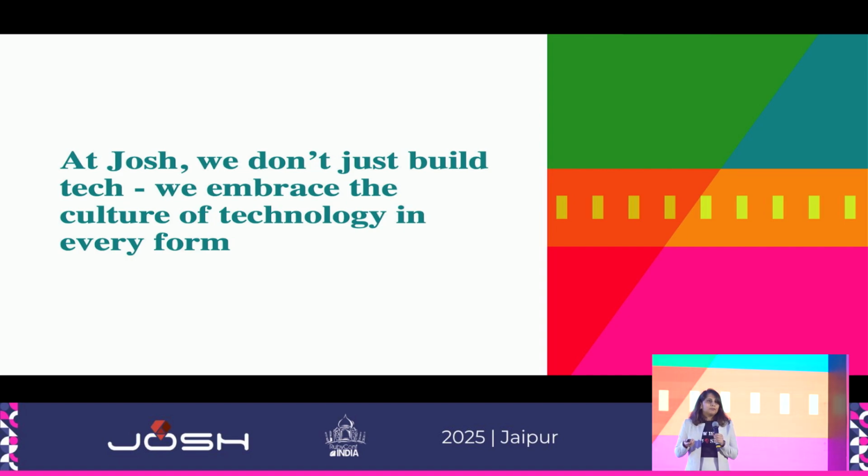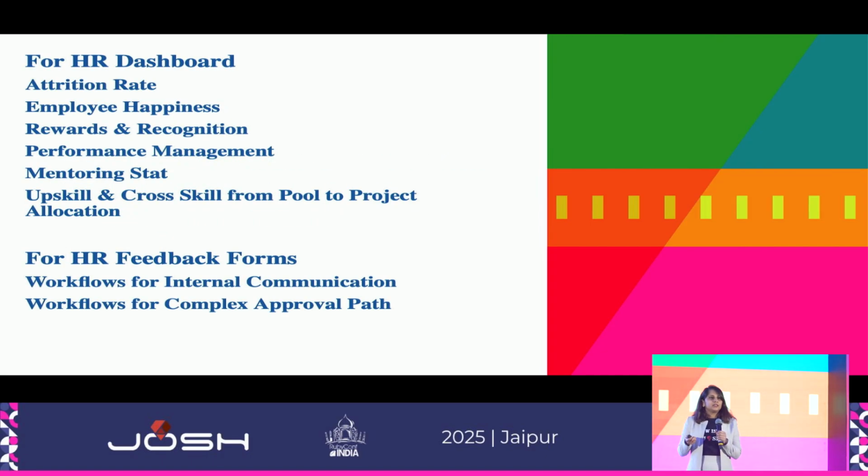And we are building better each time. So far we have built a couple of dashboards for the HR function itself, like attrition rates, employee happiness index, R&R, performance management, and mentoring. In mentoring, we focus not only on building learning paths, just randomly throwing topics at you.